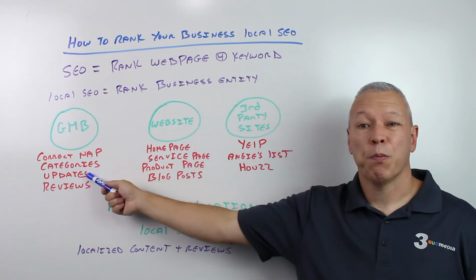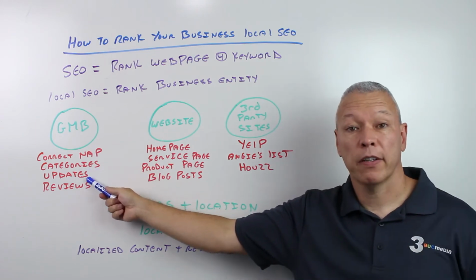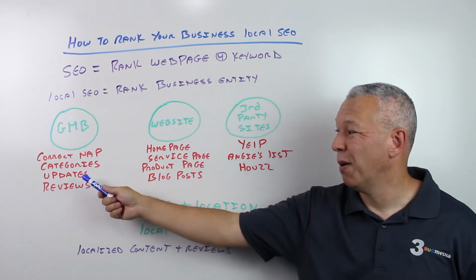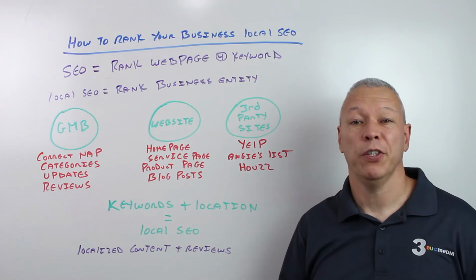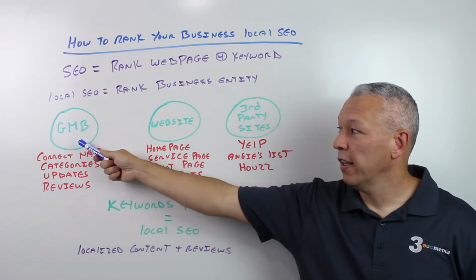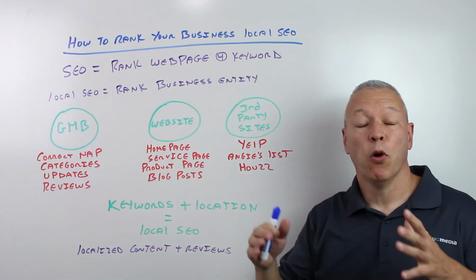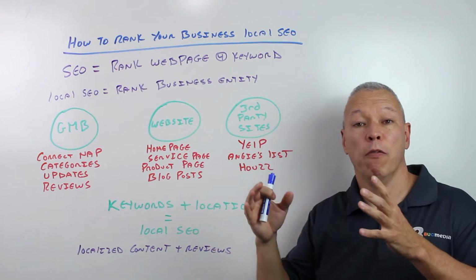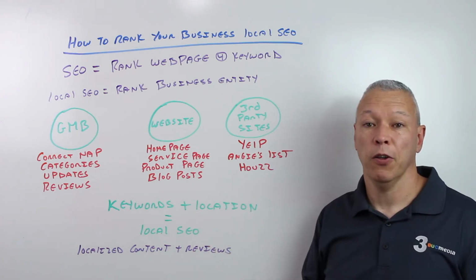Make sure your primary and secondary categories are correct, update the listing on a regular basis, and, very important, get reviews. All these things in totality will help your listing get more visibility, show up for a variety of searches, and hopefully show up higher in the local search results.